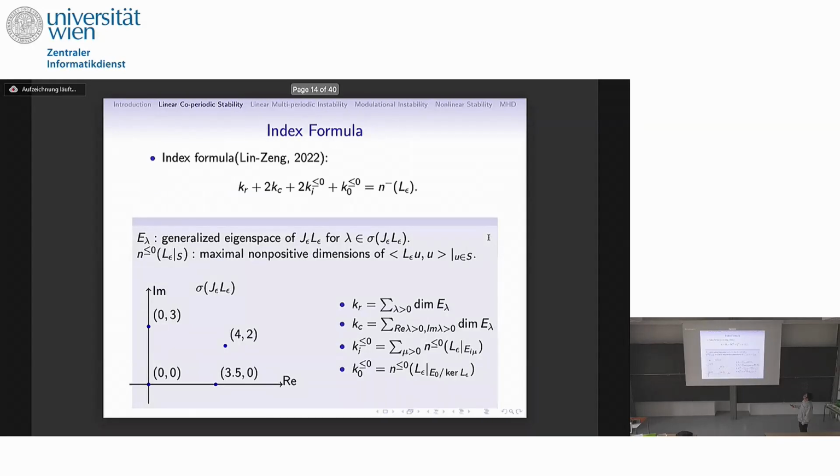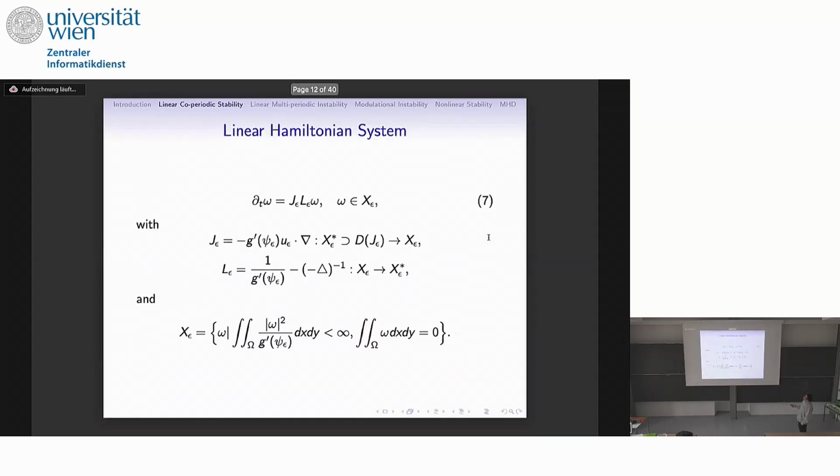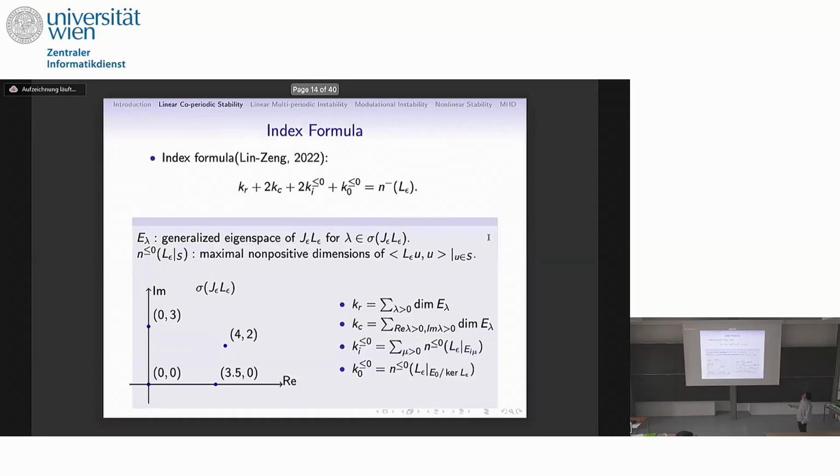Okay, now for the Hamiltonian system, let me mention a general result obtained by myself and my colleague Chongchun Zeng a few years ago. This is actually not 2022, it's like 2017.